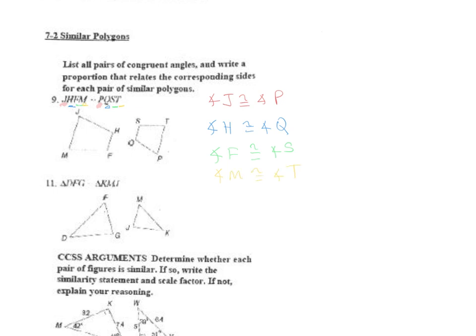Now, if we go to look at the proportion of the sides, how we start this dictates kind of how we're going to go through it. I'm going to erase this here.